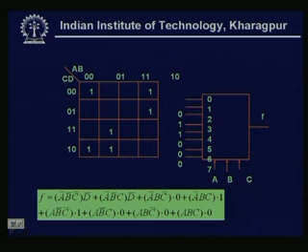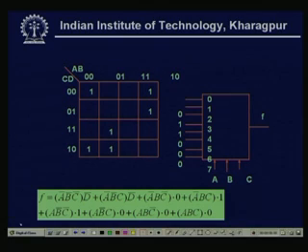So, we have taken ABC as the 3 select lines. Then D can be one of the input variables, that means D, D bar, and 0, 1 can be my input variables.